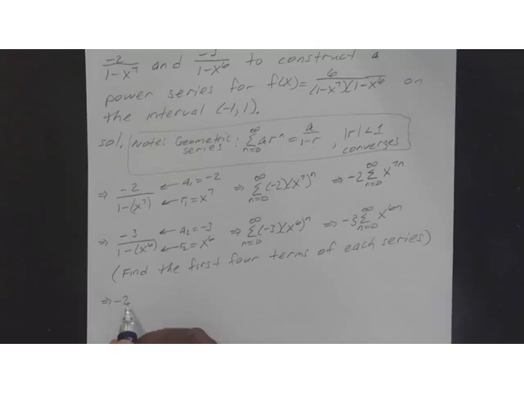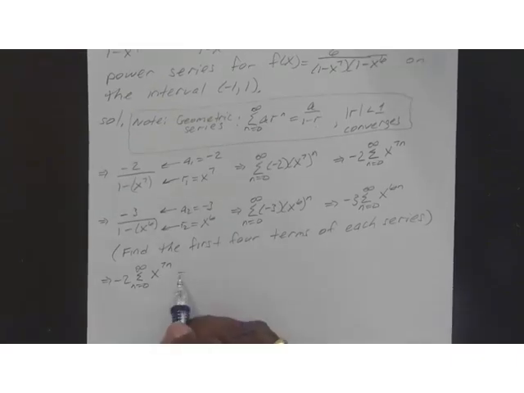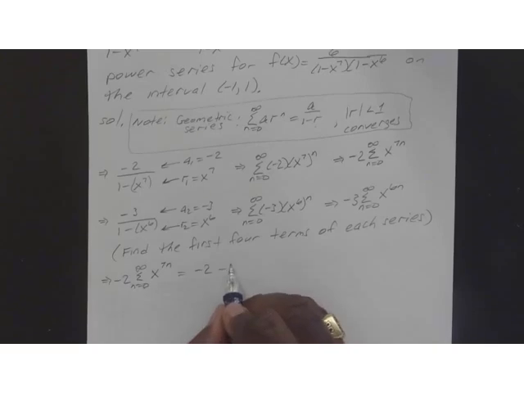Okay, so if we look at our negative 2 times the sum from n equals 0 to infinity of x to the power of 7n, we plug in n is equal to 0, that's x to the power of 0 times negative 2, which is negative 2. We plug in n is equal to 1, that's x to the power of 7 times 1 times negative 2, so that's minus 2x to the 7th power.